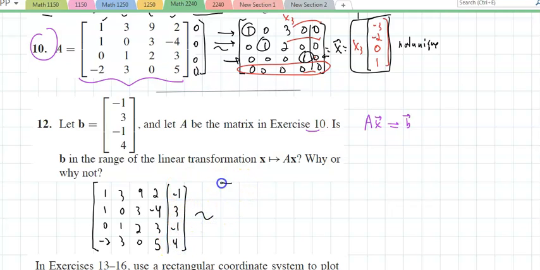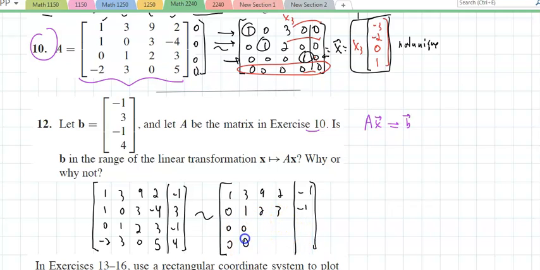And if I do this, I would really get 1, 3, 9, 2, negative 1. I will get a 1, 2, 3, negative 1. A 3 and a 0, a 17 and a 1.